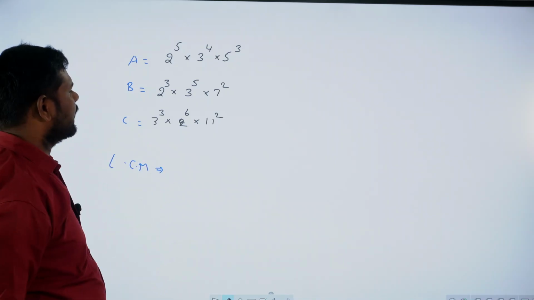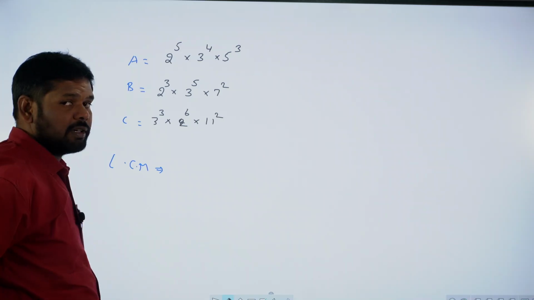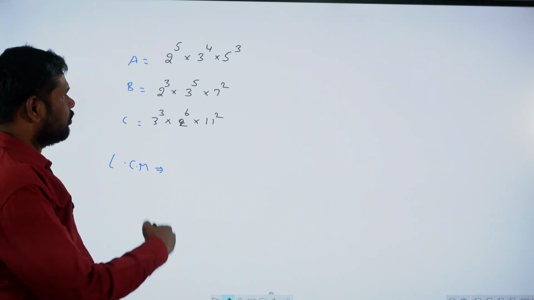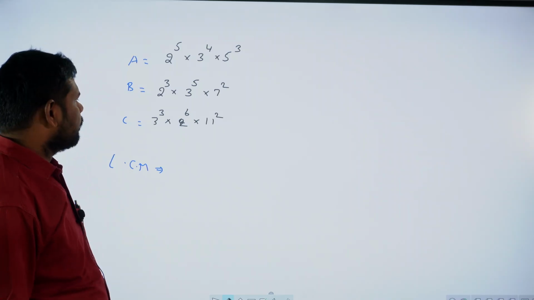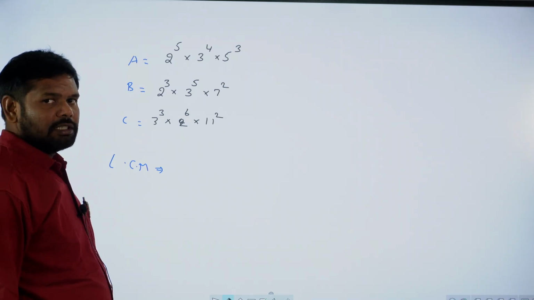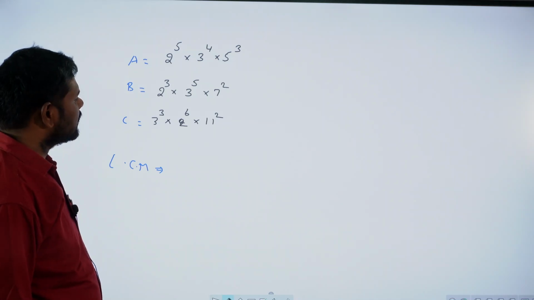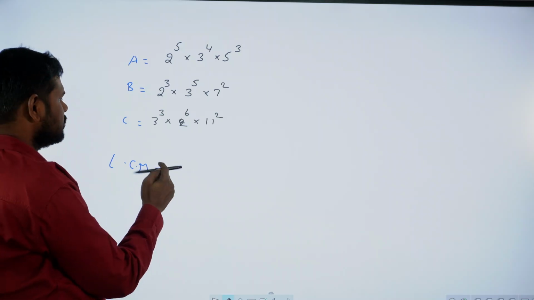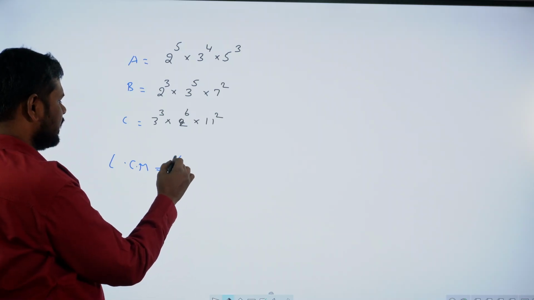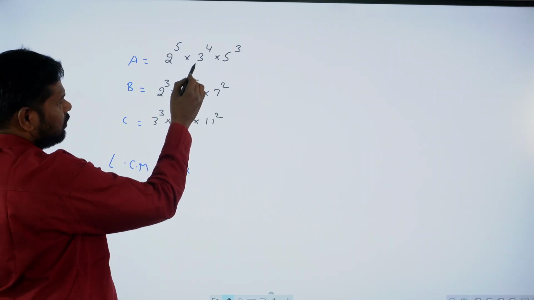So they already gave it in prime factors itself. After completion of prime factorization, they gave the numbers as A, B, C. Then what is the LCM? Just observe. For highest powers: 2 power 5, 2 power 3, 2 power 6. Observe the 2 powers in all numbers. Which one is the highest? 2 power 6, so I write that. Then into 3 powers: 3 power 3, 3 power 4, 3 power 5.